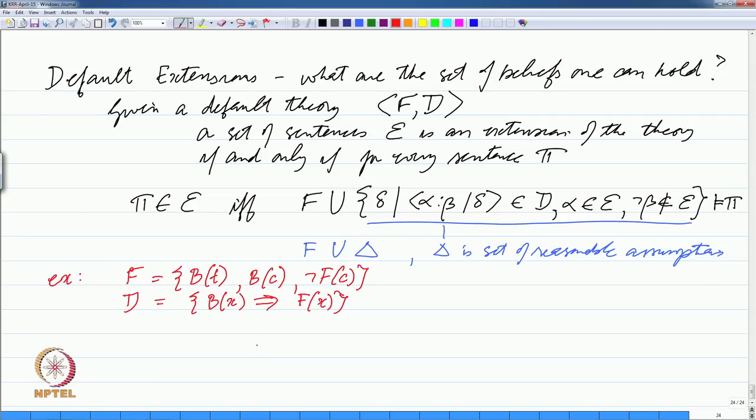Remember that this rule is equivalent to saying bird x and flies x implies flies x.